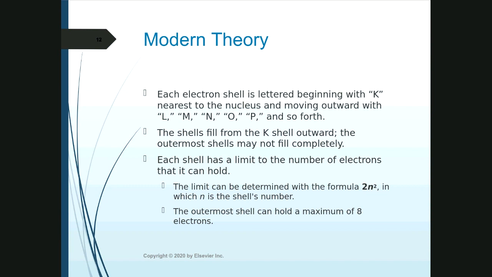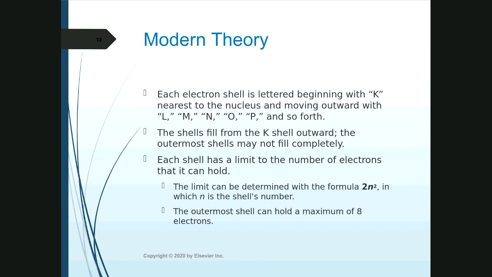Each shell has a limit as to how many electrons it can actually hold, and you can calculate that number by using the formula 2n squared. And n actually represents the shell number. So like K would be shell level 1, L would be shell level 2, M would be shell level 3, and so forth.